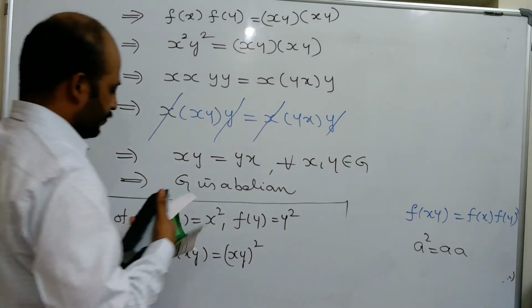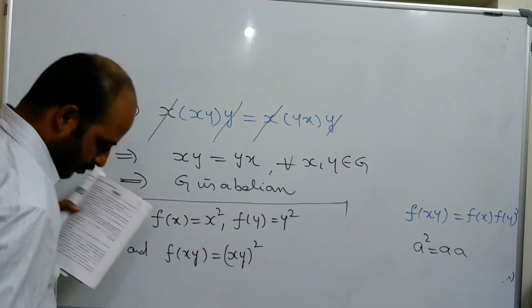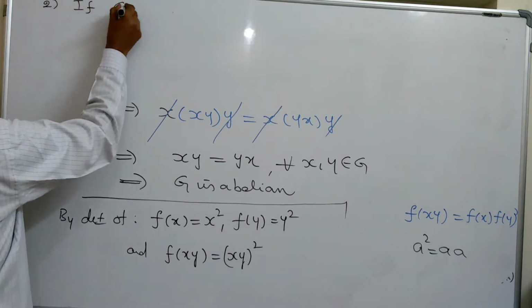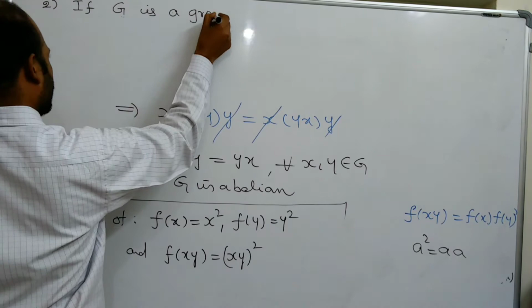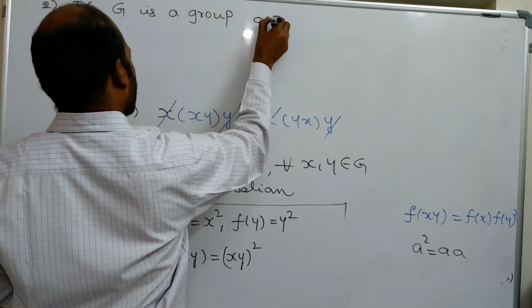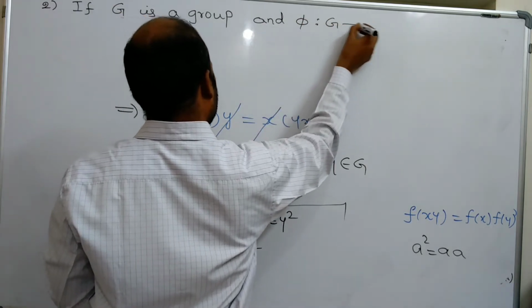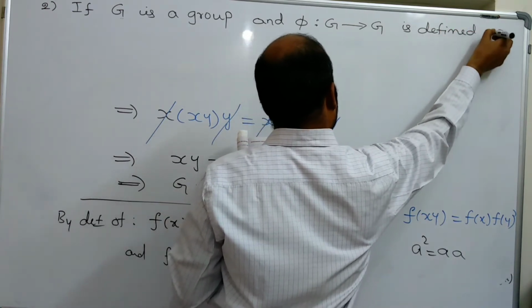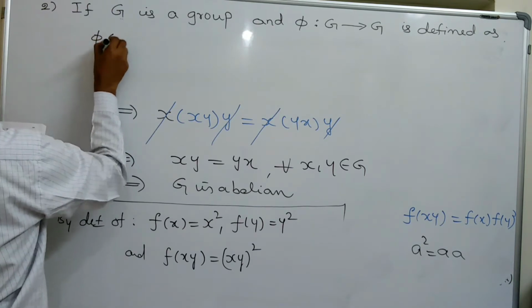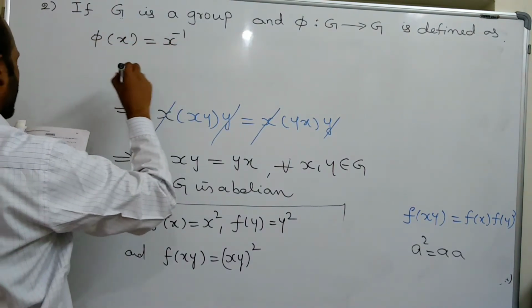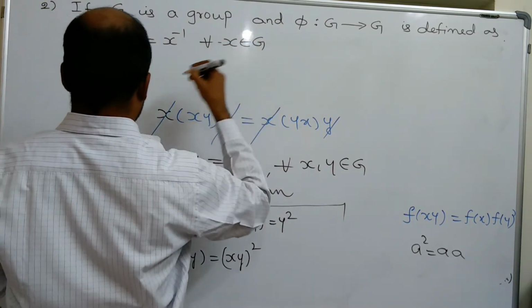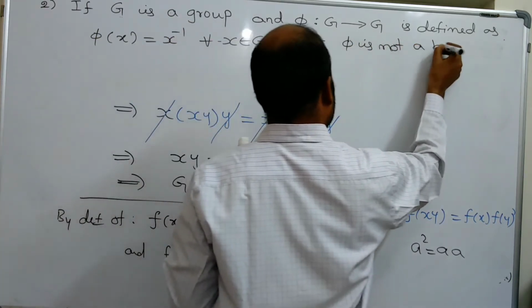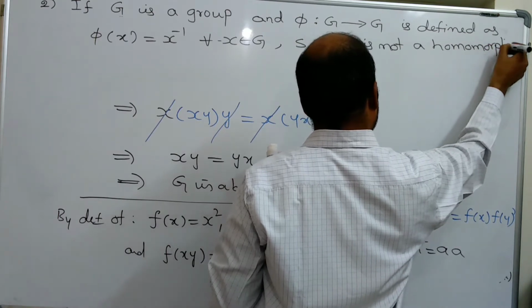If G is a group and pi maps G into G is defined as pi of x equals x inverse for all x belongs to G, show that pi is not a homomorphism.